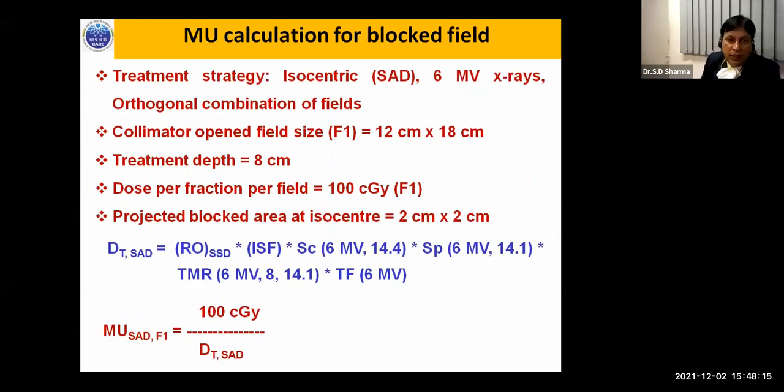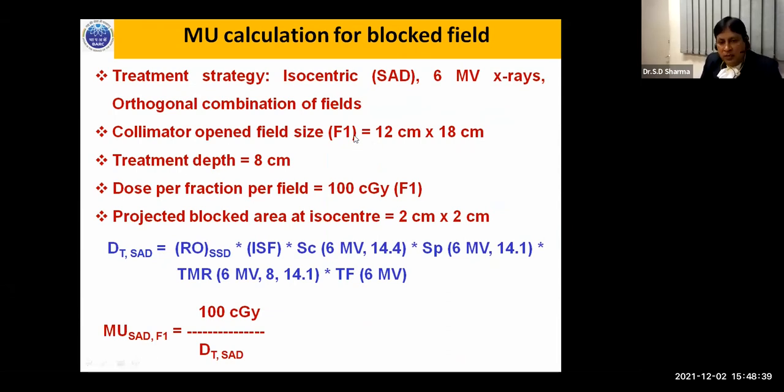Now just to take some example, we consider a treatment strategy. This is just for illustration, an isocentric setup. We are going to use 6 MV X-rays, an orthogonal combination of fields, maybe one AP field and another lateral, left lateral field, for example.